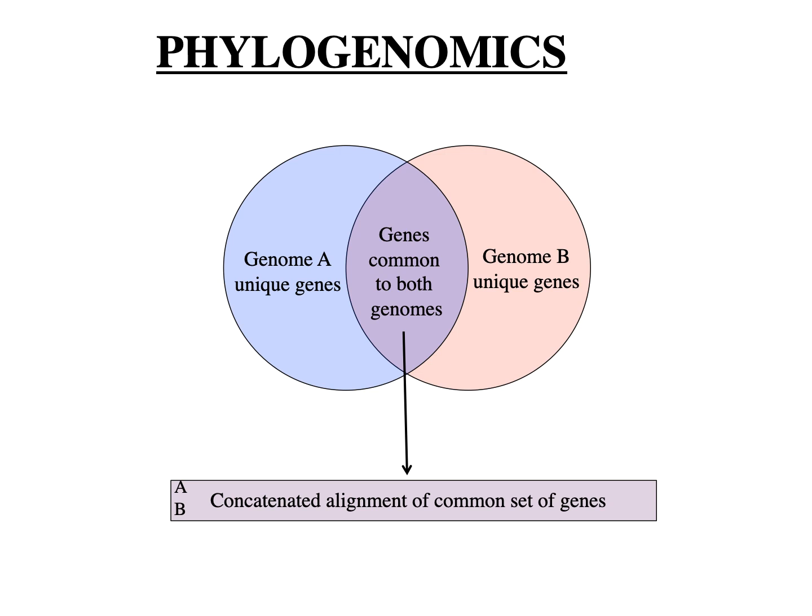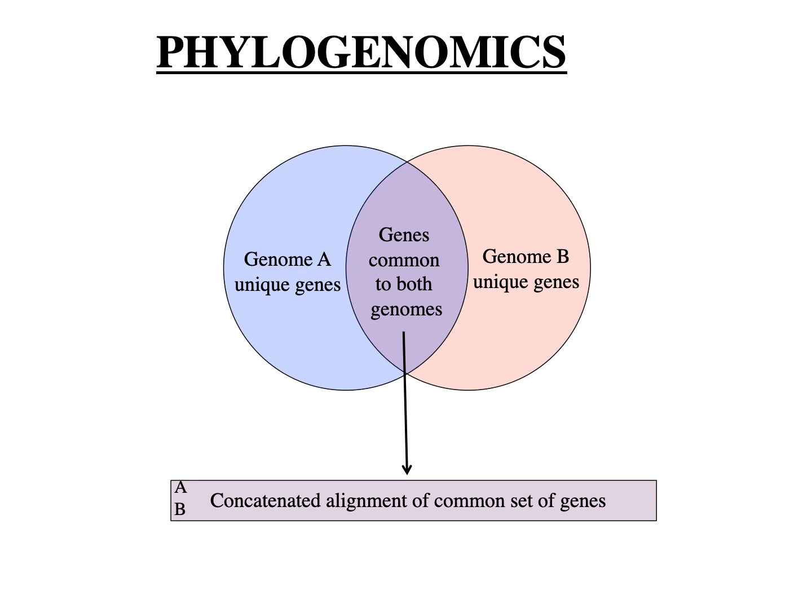And those are concatenated. So you put one gene next to the next and the next and the next, and then you align those with the homologous genes from the other genome, and then you can make comparisons for many genes at the same time, a phylogenomic analysis.